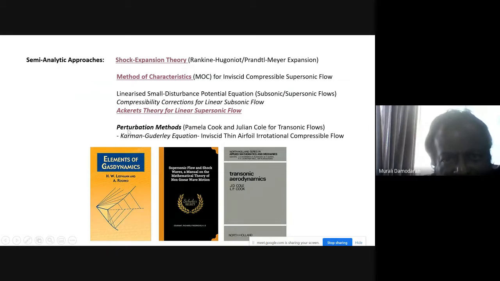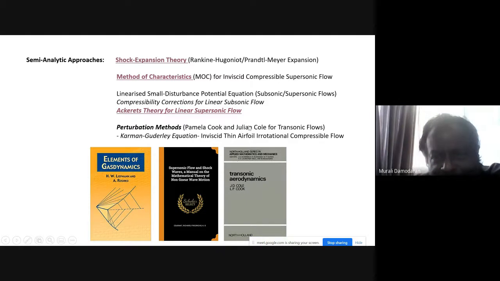Okay, then we have a very good piece of effort by Julian Cole at Caltech. They wrote what is called the perturbation methods for transonic flow. And this is a very interesting book where they try to develop a lot of useful relations for airfoils and also for nozzles and various other things.